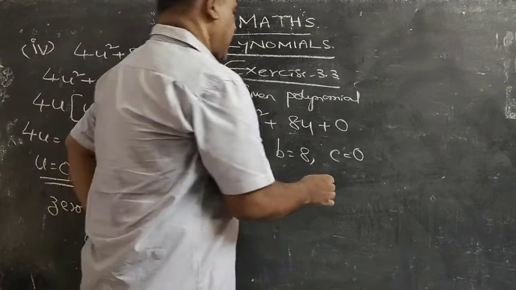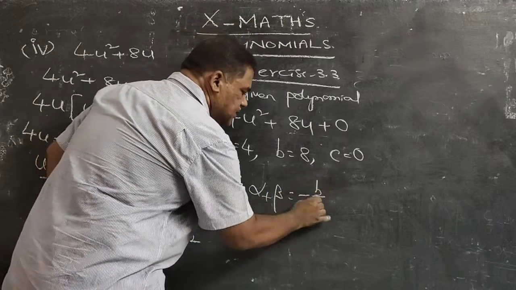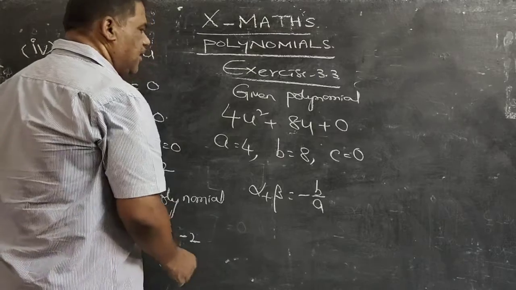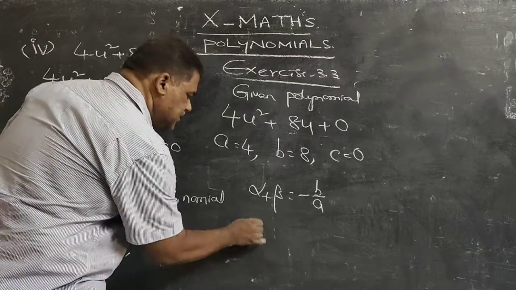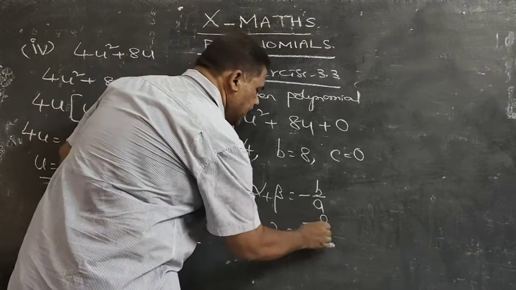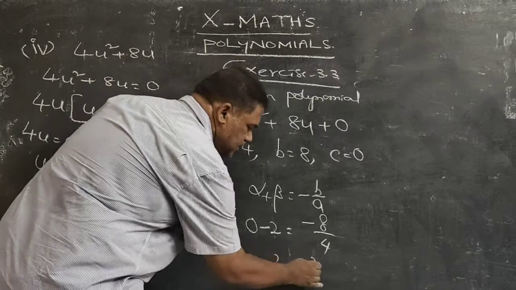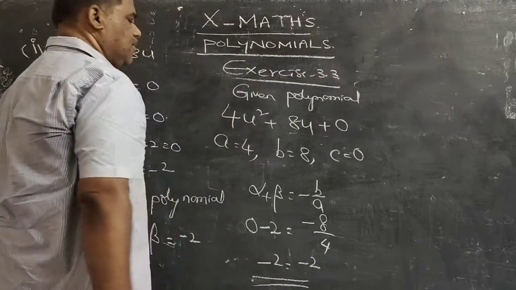Now alpha plus beta should be equal to minus b by a. Alpha value is 0, beta value is minus 2, minus b by a is minus 8 by 4. Minus 2 is equal to, 4 2s are 8, it is also minus 2.